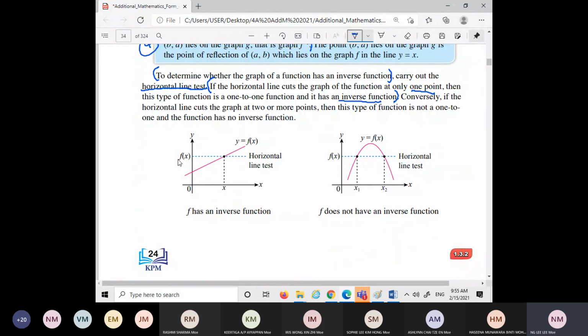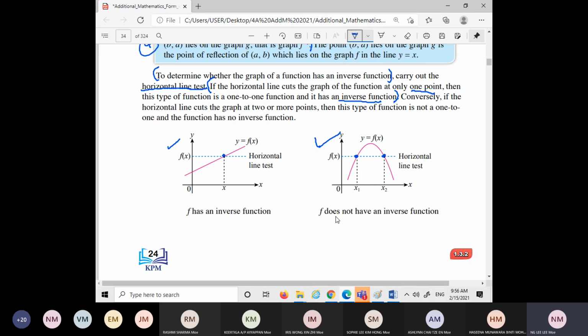Look at the example. Horizontal line, the blue color one. You do the horizontal line test, it only cuts at 1 point. So this function f has an inverse function. Look at the second example. You do the horizontal line test, the blue line cuts the graph at 2 points.